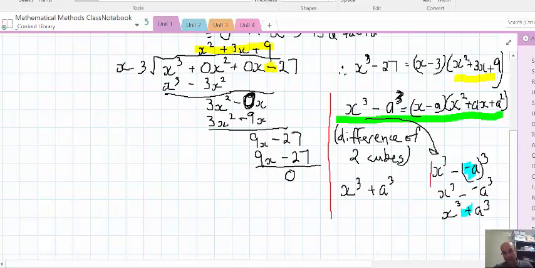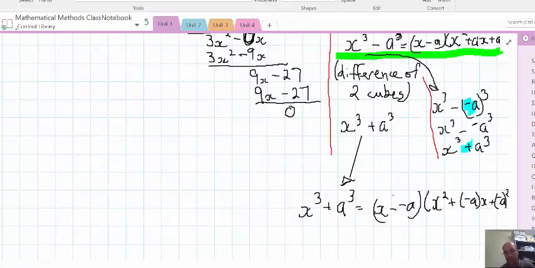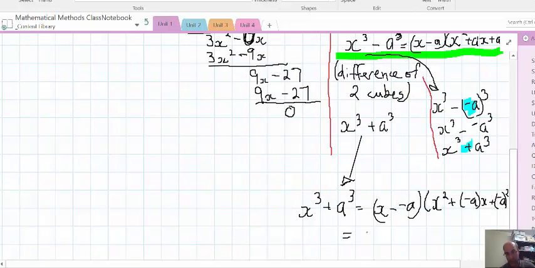So back to what we were doing. That was just a little aside there. So if we replace a with negative a, and we use that in the above pattern, I've just written it down a bit lower because of the room it takes.